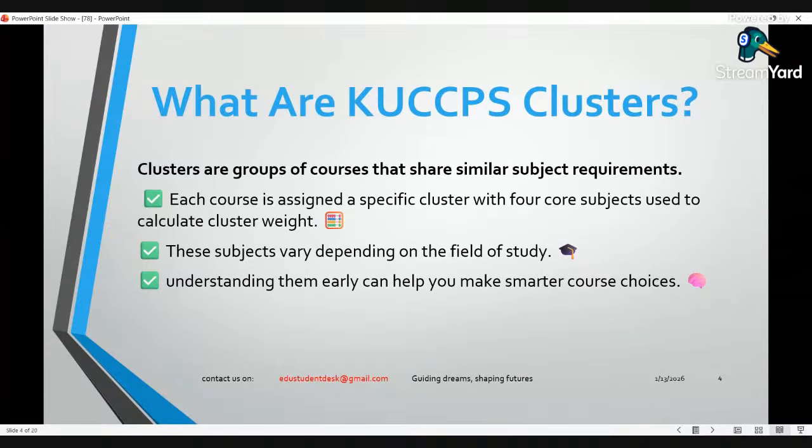So there are 20 KUCCPS clusters. Each cluster groups together related courses. So you only compete with students applying for the same course, and ranking is based on weighted cluster points, not just mean grade. So mostly in choosing a course, they normally don't look at your grade, they look at your cluster point.